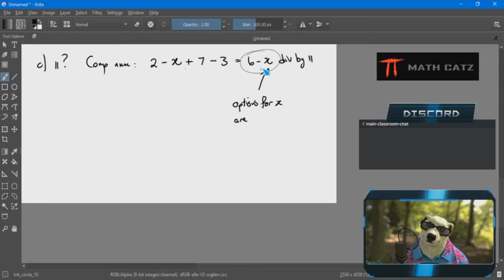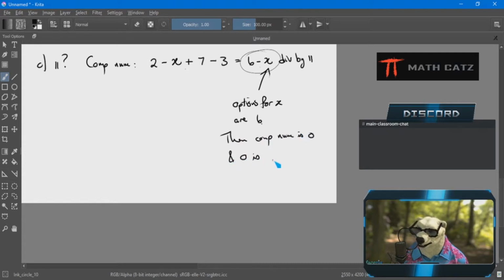1, 2, 3. Which x will work? Will any x work? Any value for x? I don't think so. There is one. It's a technicality. It is 6. Then the comparison number is 0.